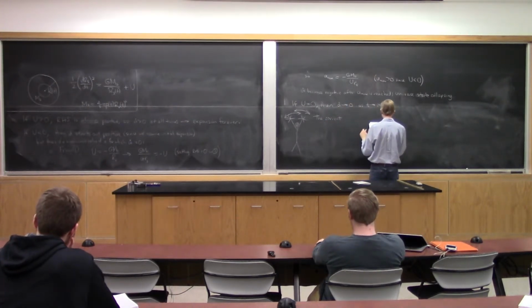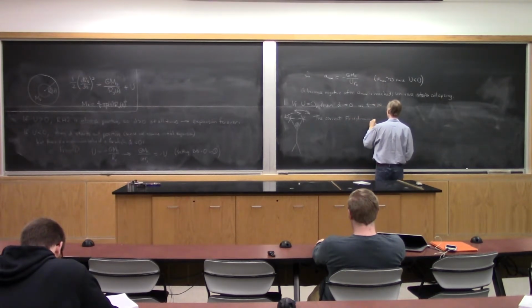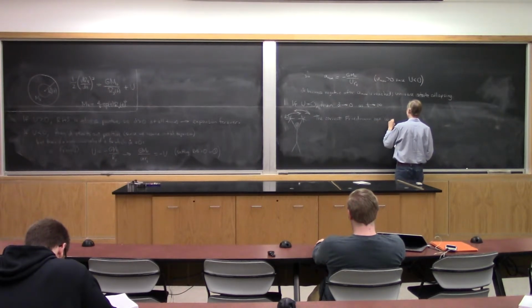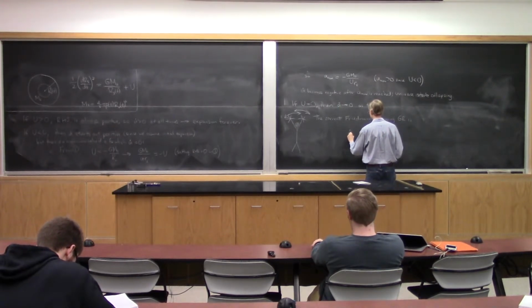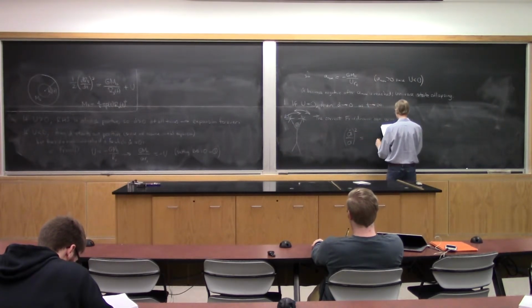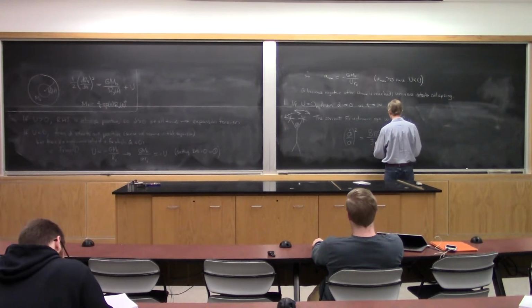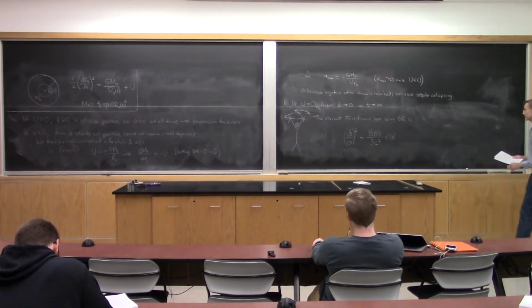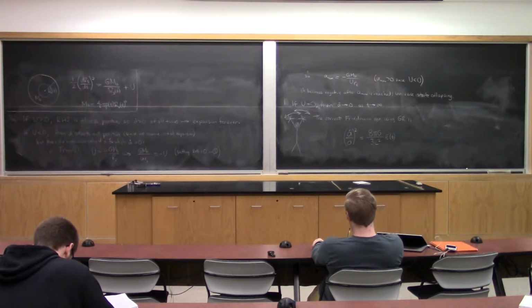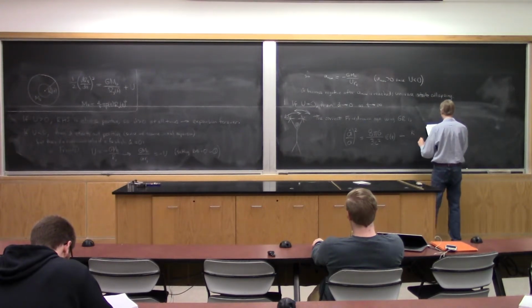The correct Friedmann equation using general relativity is (ȧ/a)² = 8πG/(3c²) ε(t) − κc²/(R₀²) · 1/a(t)², as opposed to 8πG/3 ρ(t).